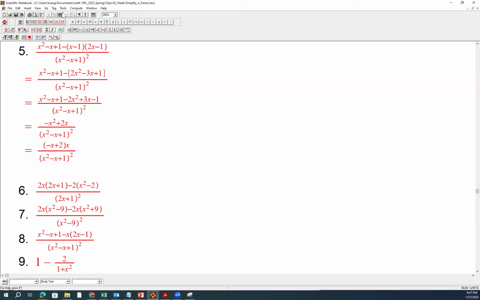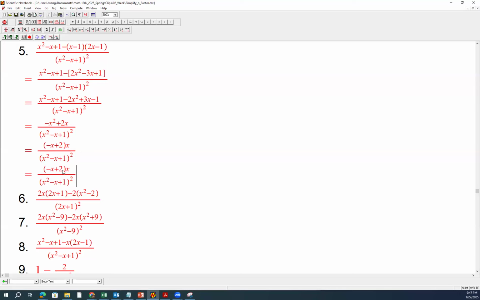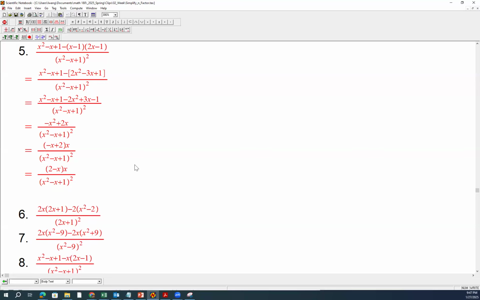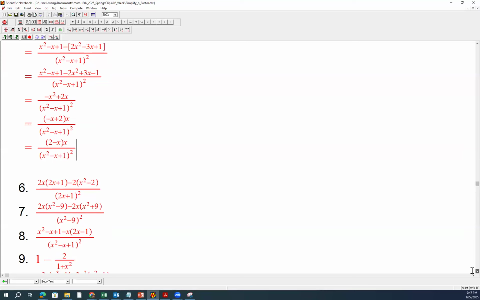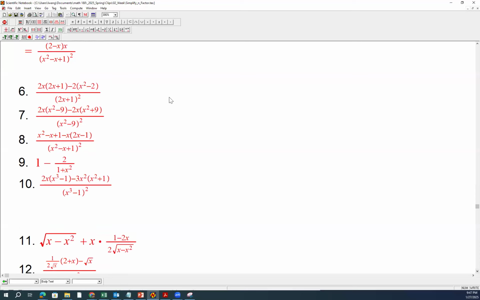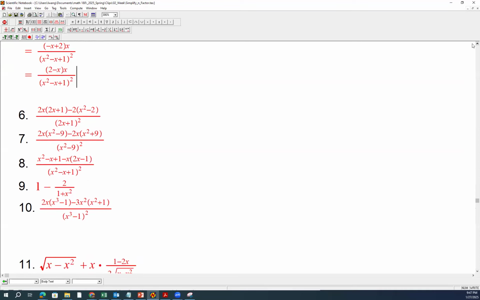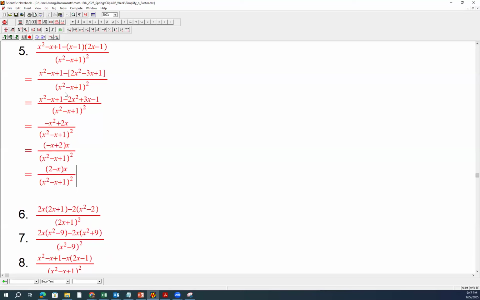If you'd like to write it in an alternative form, you can write this as 2 minus x, which is the same. These two forms are exactly the same, and there's no preference whatsoever on my part. So that was number 5.